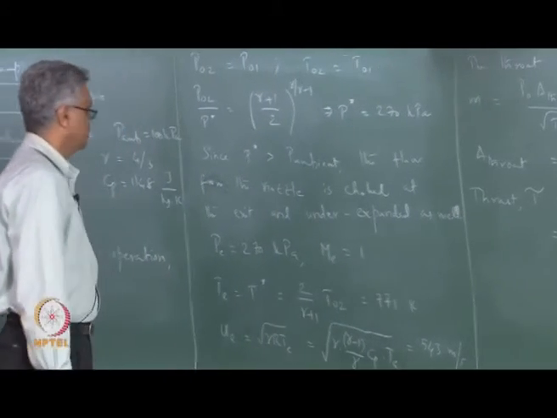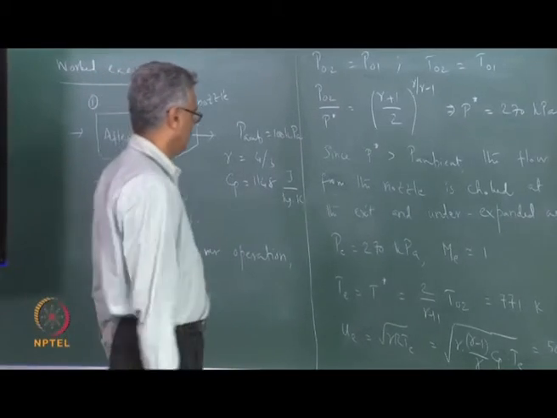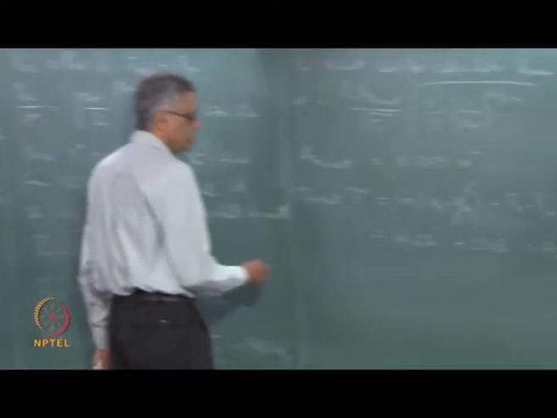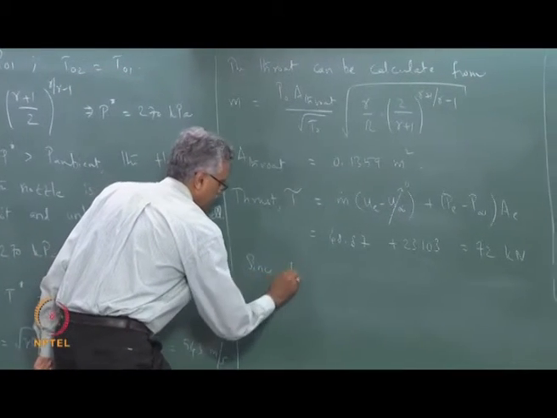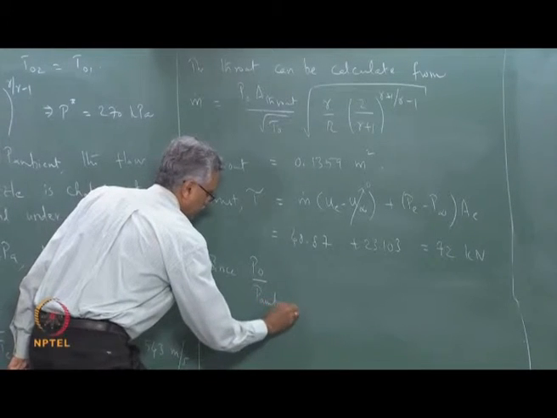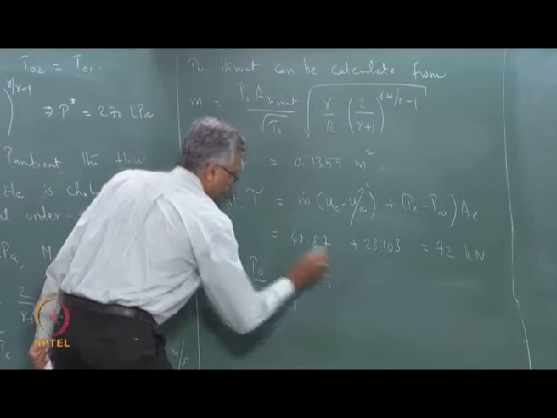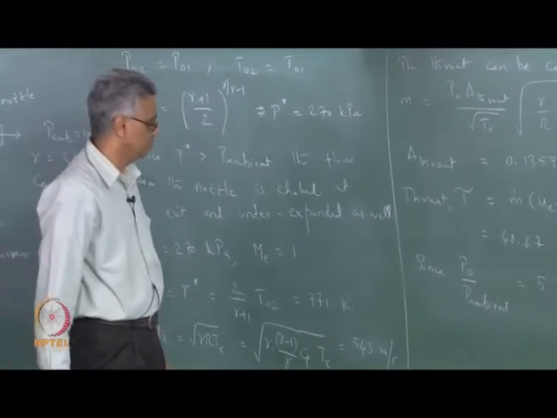So, we are looking at a situation when the afterburner is not operating. So, that is a simple thing to look at, and we are going to use a convergent divergent nozzle, right. So, since P0 over P ambient is equal to 5, in this case 500 kilopascal over 100 kilopascal, it is 5.